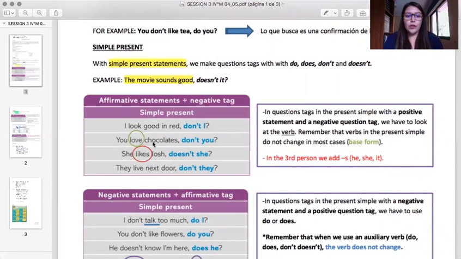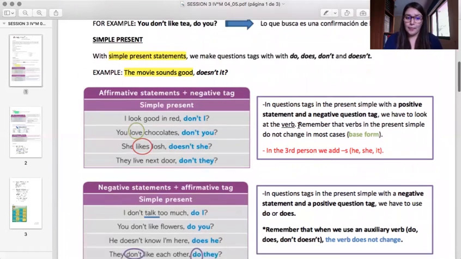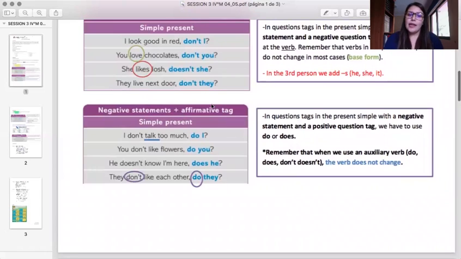So, you love chocolates, don't you? I have affirmative statement here in my present tense, and then I use the negative don't to form the negative question tag. In negative statements and affirmative question tags, we have to use do or does because here we already have the clue.